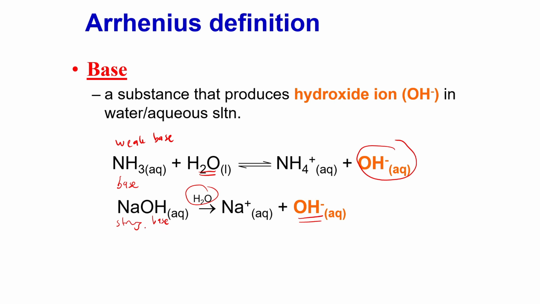Jadi NaOH we consider as Arrhenius base. So kesimpulannya, untuk Arrhenius mesti ada reaction dengan water. Kalau dia hasilkan H+ ataupun H3O+ after react with water, jadi dia adalah acid. Untuk base, kalau dia hasilkan OH-, okay, after react with water.